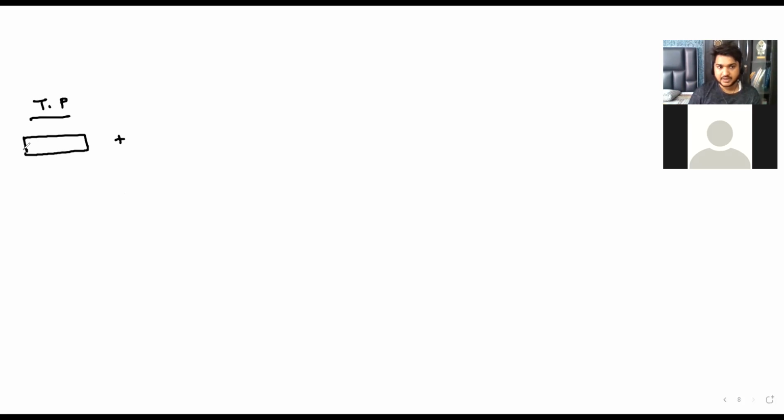Now just tell me, if this liquid, if this strain was containing the protein, so we took protease enzyme. Protease enzyme breaks the protein, yes or no? Nothing happened.